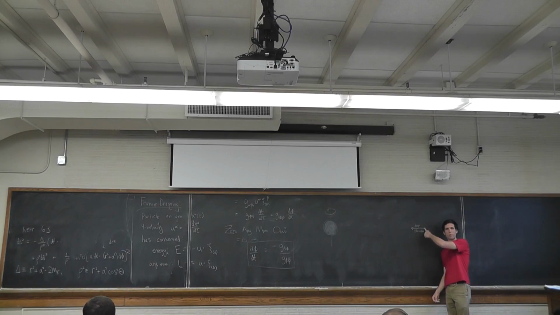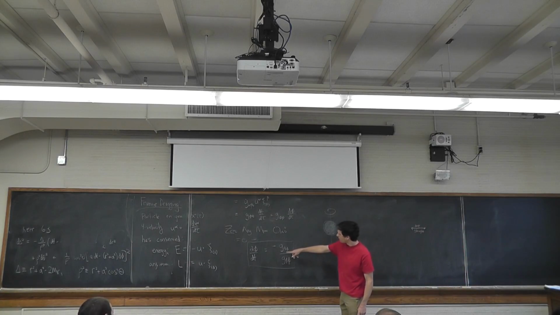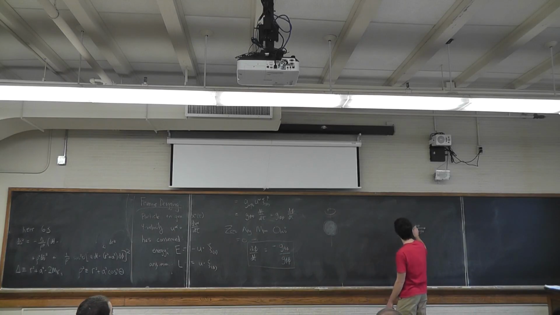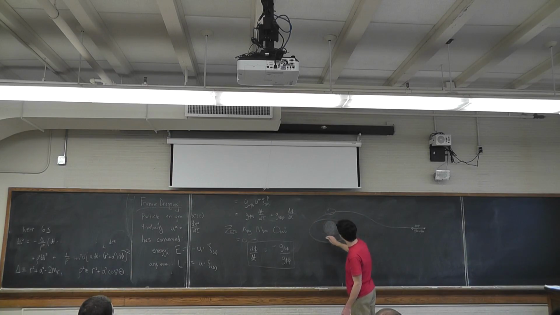So this is a zero angular momentum geodesic that I'm drawing here, which means that as we approach the black hole, it's going to have non-zero d phi dt. So what is this going to look like? Well, the closer it gets, it's going to start to orbit. It's still going to be falling in, but it's going to be forced to orbit.